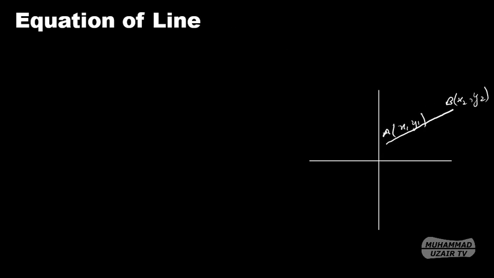So let's suppose this is x-axis, this is y-axis, so this will be x1, this will be x2, this will be y1, and this will be y2.